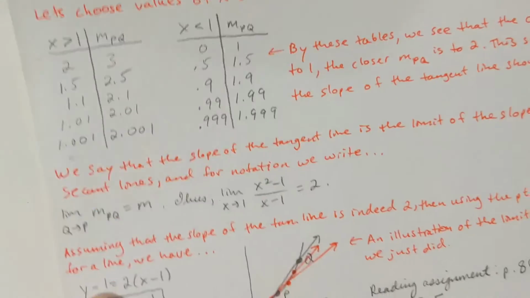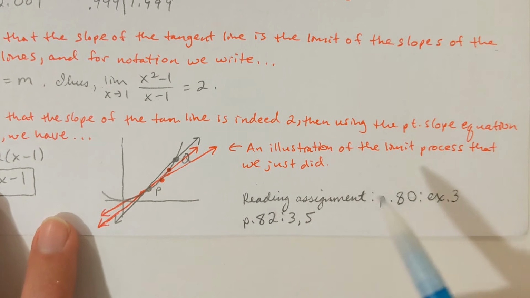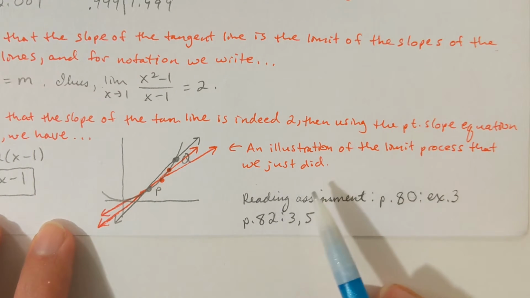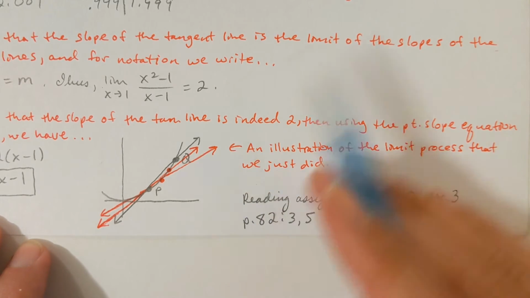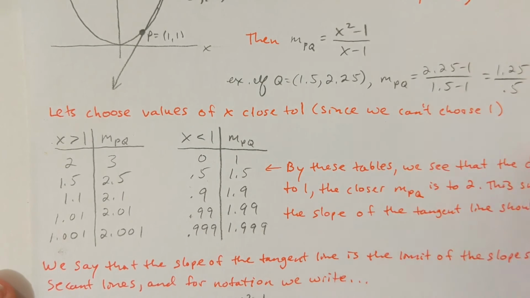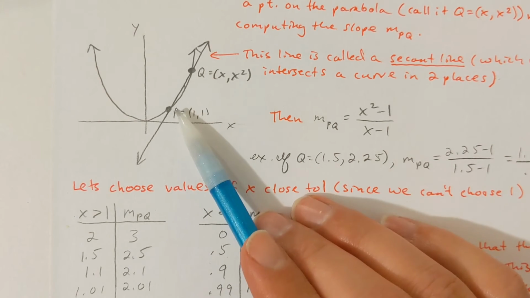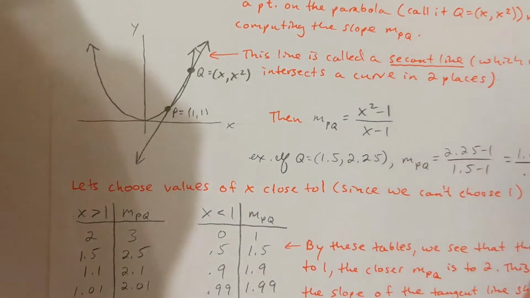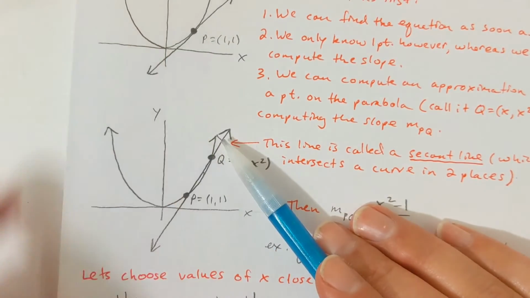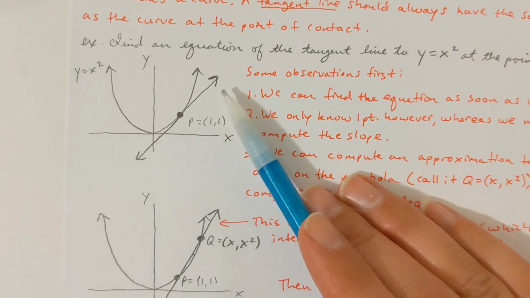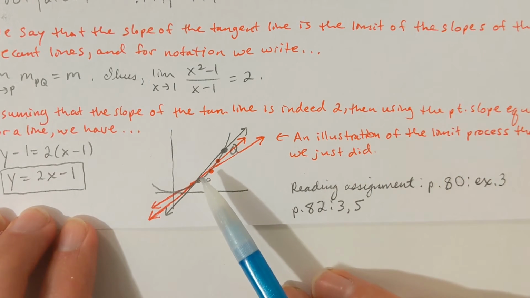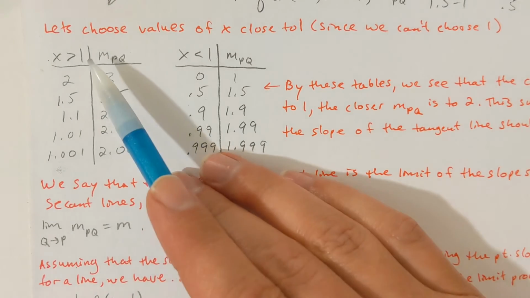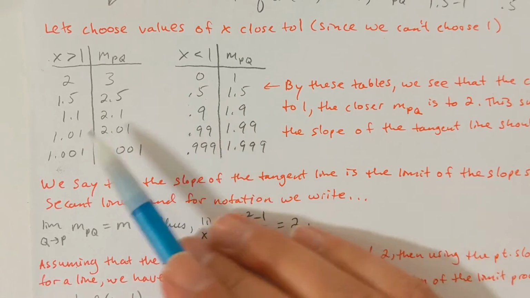Now here's an illustration of the limit process that we just used. I want to emphasize that for our calculations to make sense, point Q has to be close to point P. If point Q is way out yonder, then this line here is going to look nothing like this line here. So keep that in mind. Point Q is close to point P. Now in this chart, x was getting closer and closer to 1 on either side.